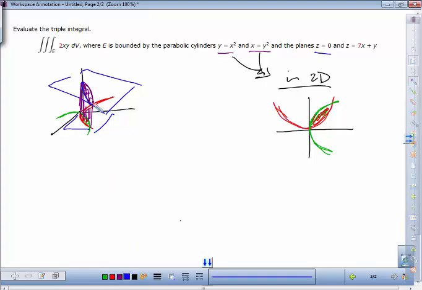Maybe I'll draw this in blue to say that this is the plane, and then everything inside. It looks like a pillar, but instead of a circular pillar, it has this shape if you look at it from the top. Well, how you describe it is not important.